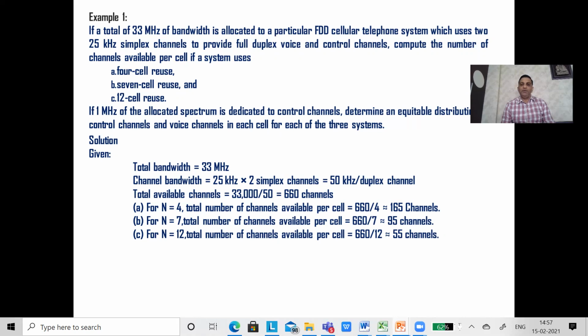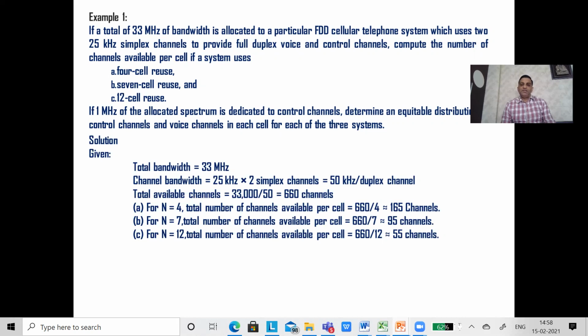Then channel bandwidth for two simplex channels is given, which is 25 kilohertz. For FDD, we have to multiply it by 2. So the total channel bandwidth will become 50 kilohertz per duplex channel.